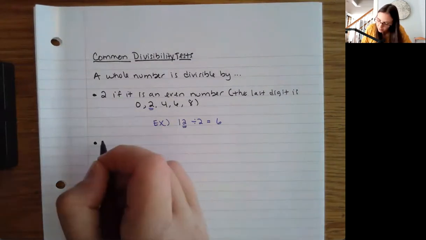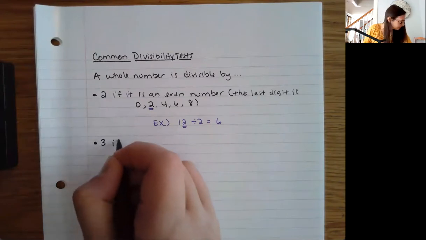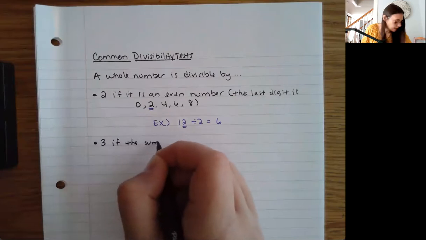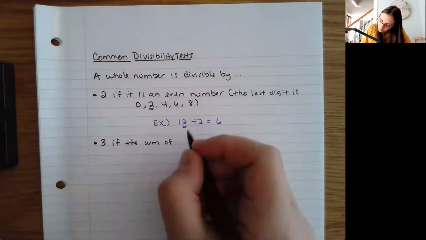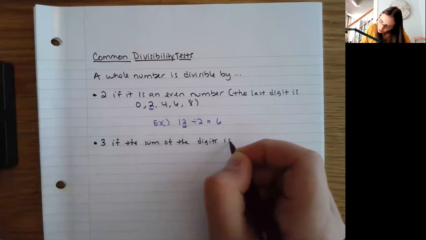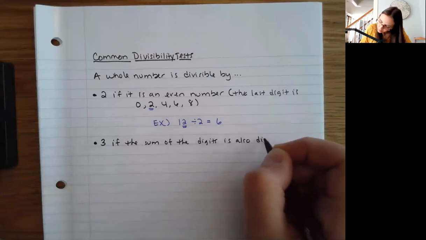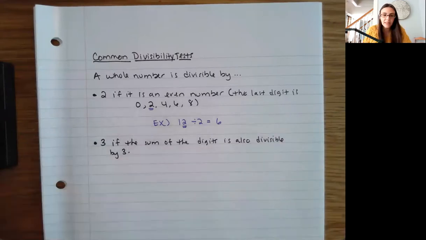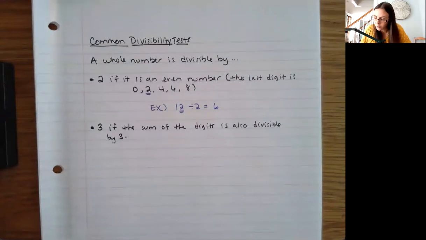So it's divisible by 3 if the sum of the digits is also divisible by 3. Now, this helps particularly for large numbers that you're trying to break down.